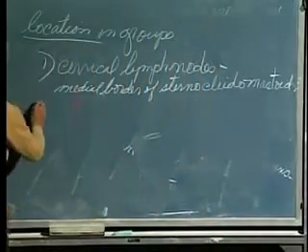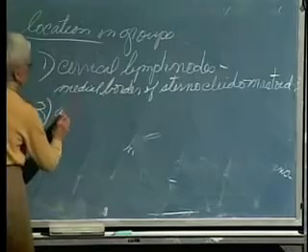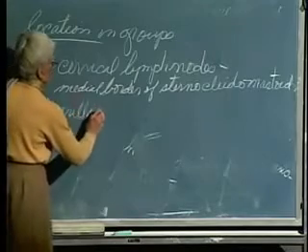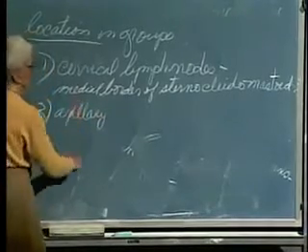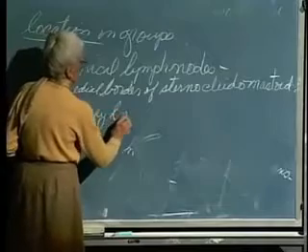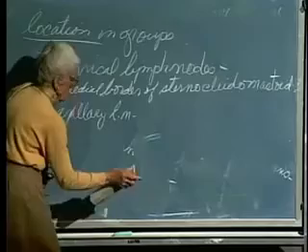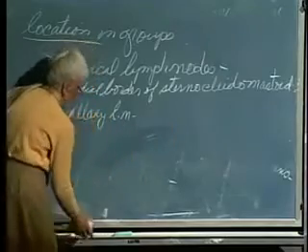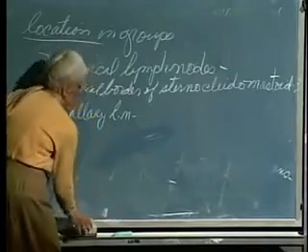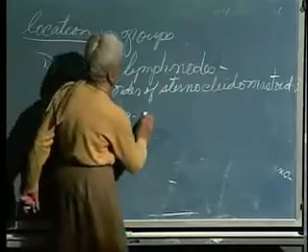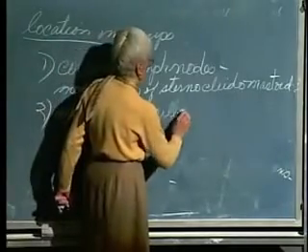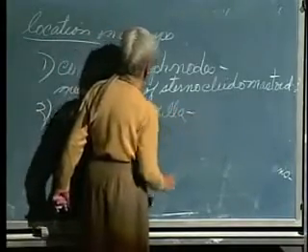Then we have the axillary group, lymph nodes. So you know where they are by the name. Why do I give those? These are in the axilla, or armpit if you prefer.